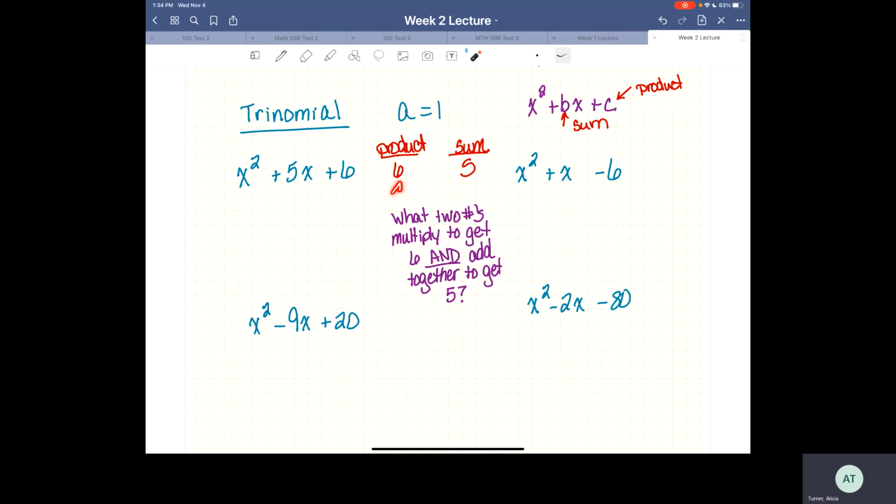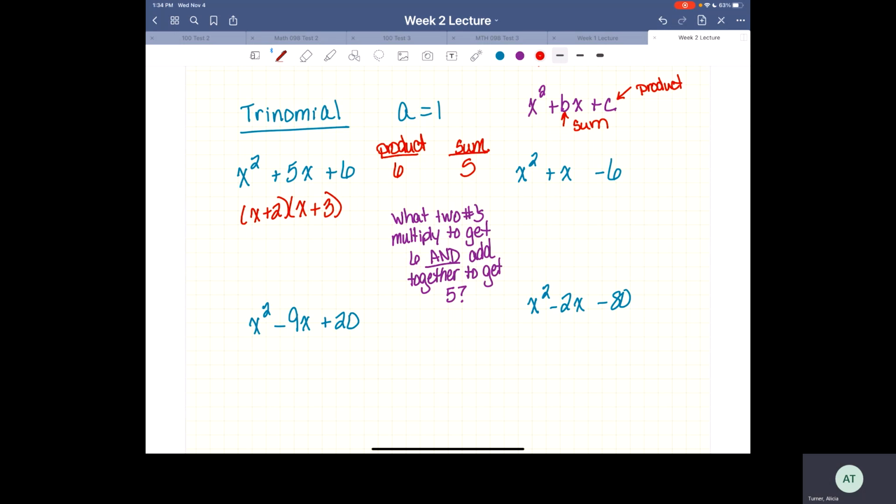So I always start with the products of 6. So 2 times 3. 2 times 3 is 6. And if I added those 2 together, I would get 5. So my numbers are 2 and 3. So all I do here is do x plus 2 and x plus 3. Okay?